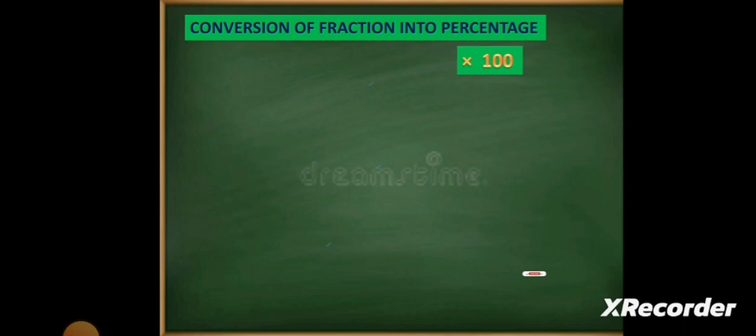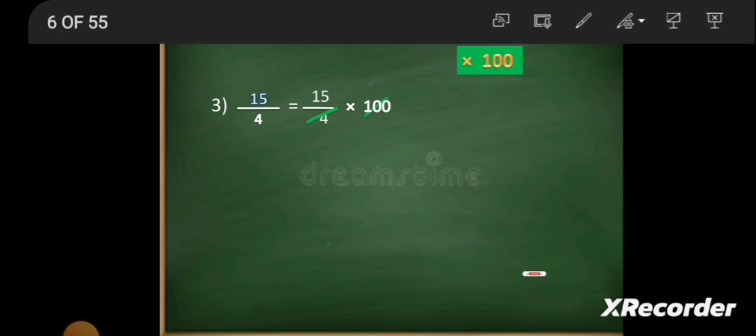Now let's take another example. 15 upon 4. We will write it as 15 upon 4 first and then we will multiply by 100. Here we will cancel the common factor. 4 is a common factor, so we will divide 4 by 4 and we will get it as 1, and by dividing 100 by 4 we will get it as 25.